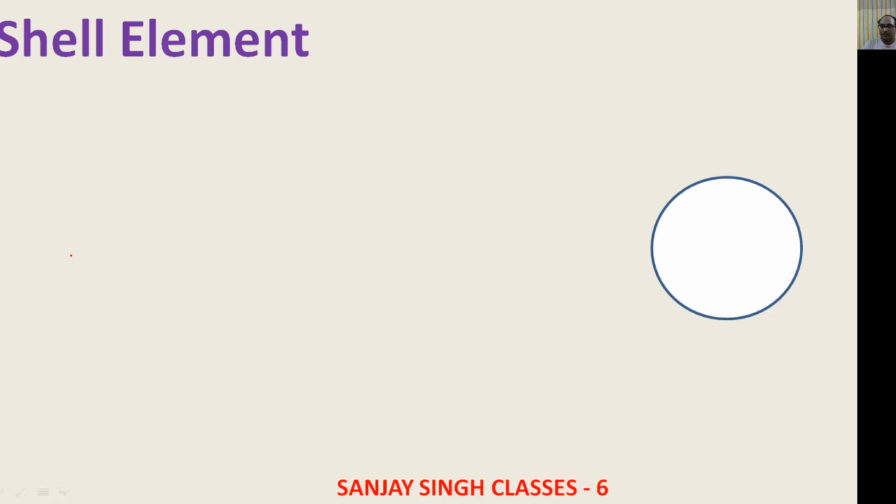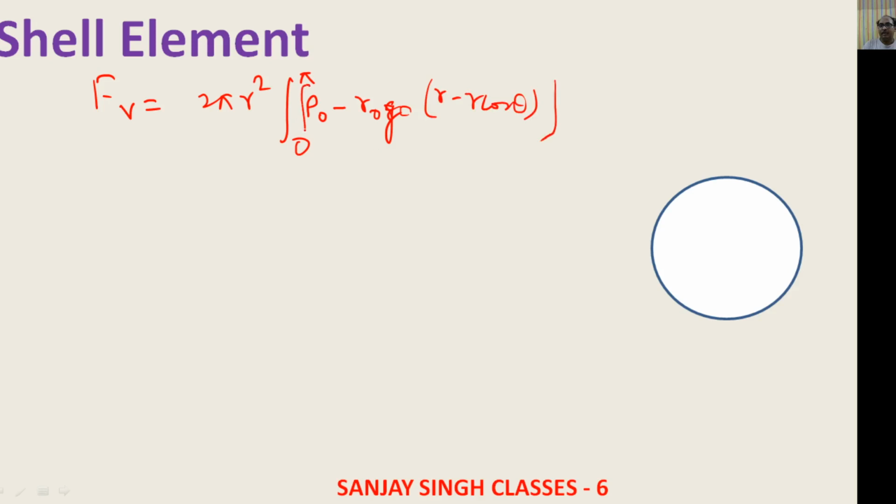Okay, so we are going to solve now. As we have told, F_v is equal to 2 pi r square, integral from 0 to pi, of P0 minus rho 0 g0 times r minus r cos theta in brackets, then cos theta sin theta d theta.